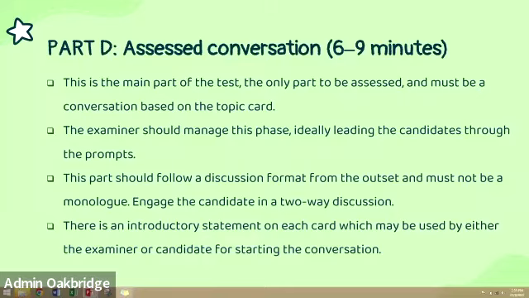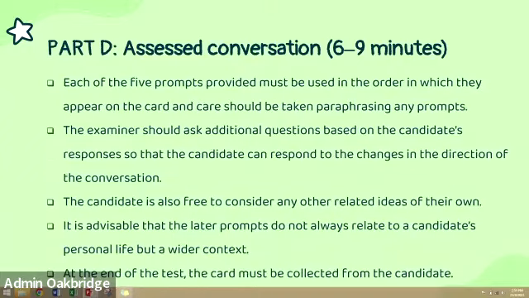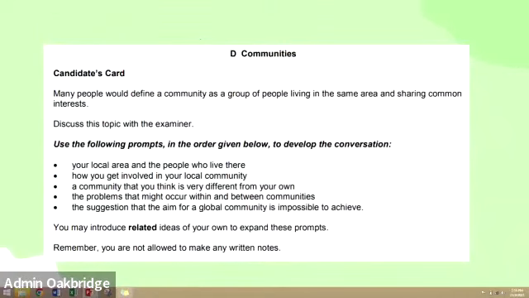All right? So like I said earlier, there will be an introductory statement on each part which may be used by the examiner or the candidate for starting the conversation, right? Not only that, each of the 5 prompts provided must be used in the order in which they appear on the card. Okay, the same order, all right?